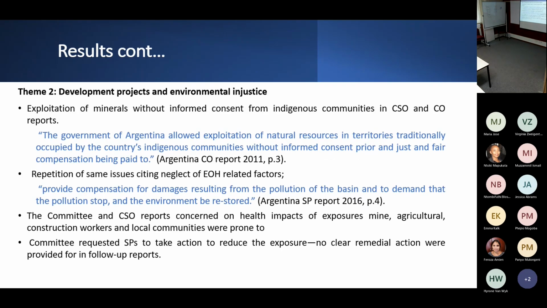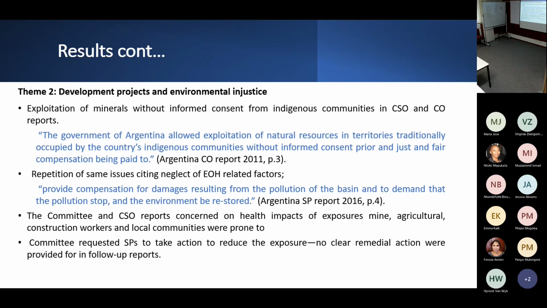So our second theme was development projects and environmental injustice. We found out that in these reports, which we analyzed, there was exploitation of minerals without informed consent from indigenous communities, in civil society organization reports and also the committee reports.